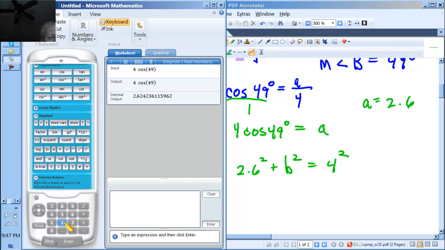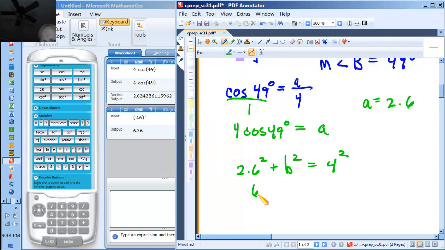Which means 2.6 to the second power, so squared, is 6.76, plus b squared equals 16.